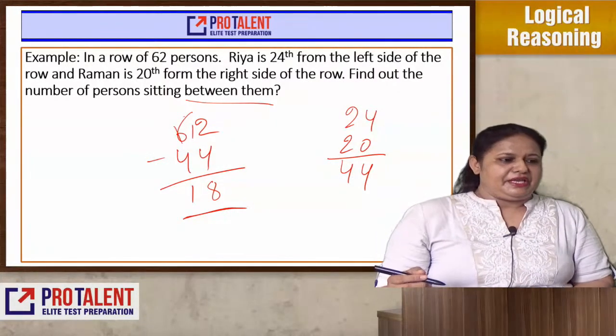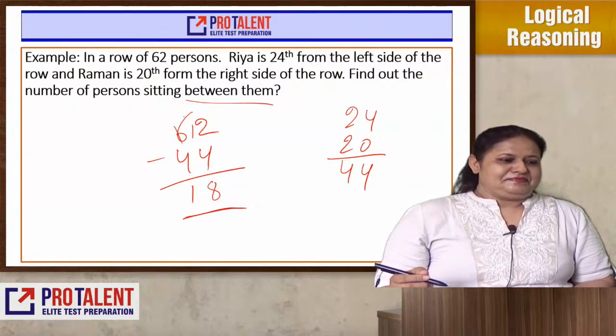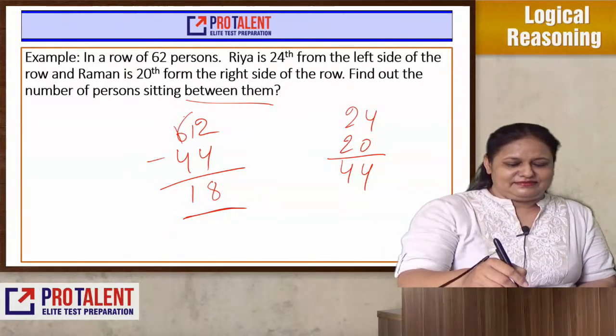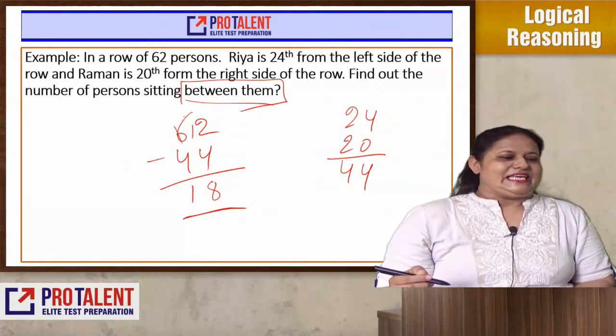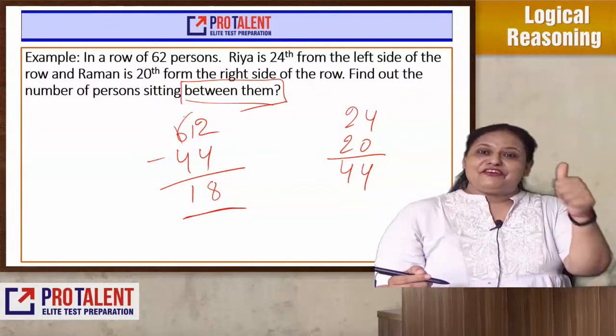Amit Meena is giving 21. Sure, I have underlined something. Yes, Utkarsh, very good. You give a pat to yourself. Very good.